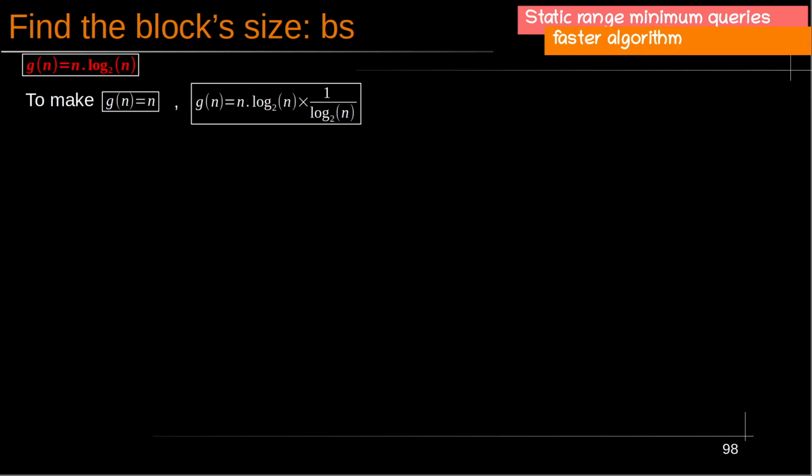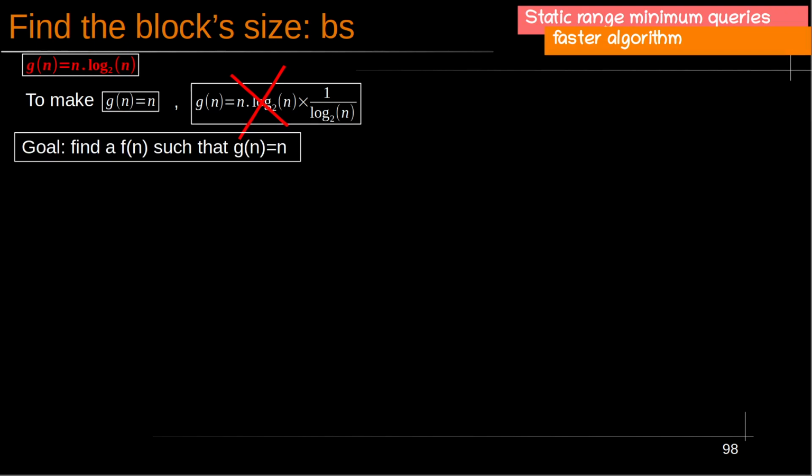And so we have to divide log base 2 of n over log 2 of n. This is completely wrong, guys, because this is not our goal. Our goal is to find a function fn such that gn is equal to n.